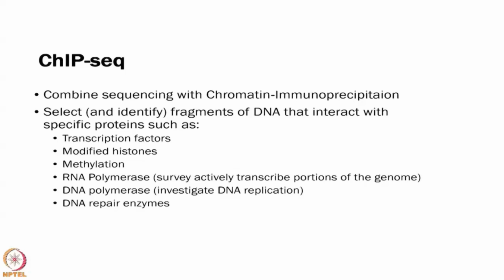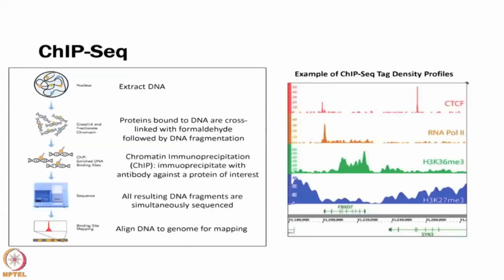That's essentially the theory behind this. So you extract DNA from your nucleus, and when you extract the DNA, there are proteins bound to the DNA. Then you cross-link them with formaldehyde, so you know that they continue to stay bound to the DNA. And then you do this ChIP immunoprecipitation, meaning you have an antibody against whatever protein you care about.